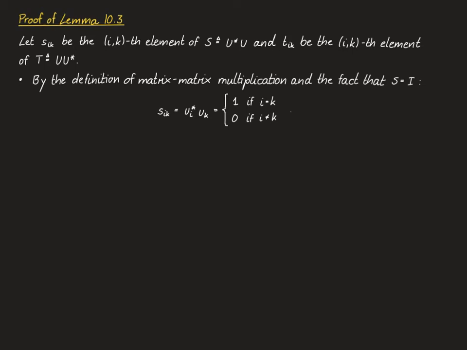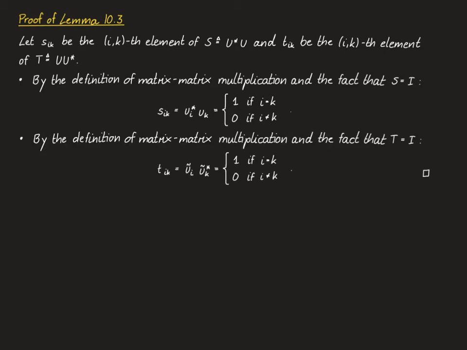By the definition of matrix-matrix multiplication and the fact that the matrix S is equal to the identity matrix, we have that s_ik is equal to u_i star u_k, which is equal to 1 if i equals k, and 0 if i is not equal to k. Hence, we conclude that the column vectors of the matrix U are orthonormal, and we have n column vectors, so it follows that the column vectors form a basis for Cn.